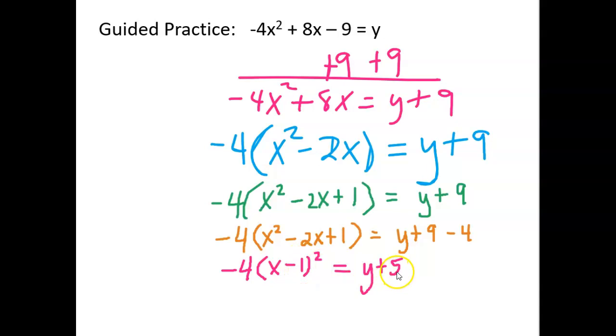And then on the right side, we simplified by just doing 9 minus 4. And that's step 5. All right, so go ahead and at this time do the very last step, step 6. Pause the video and check your answer. All right, and so there we have the final answer.